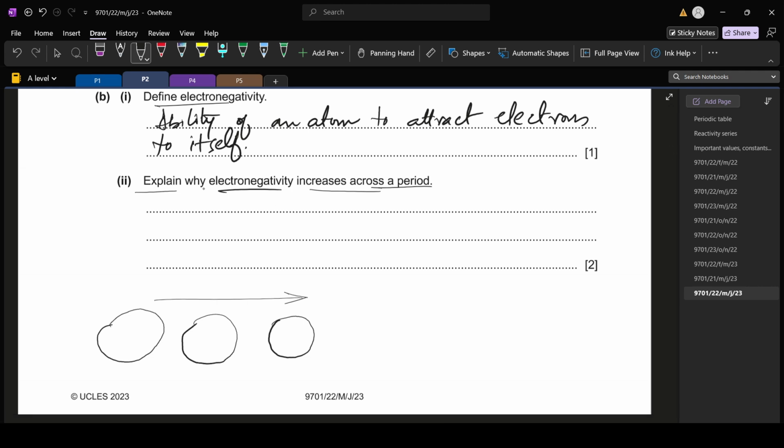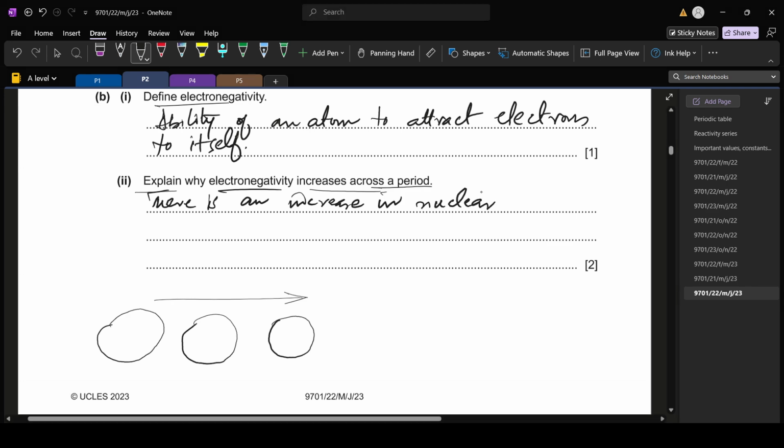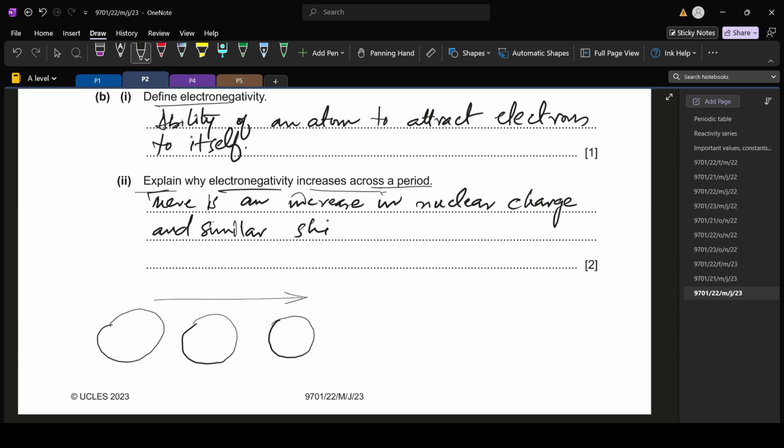Now, how will we write the answer? Explain why electronegativity increases across the period. There is an increase in nuclear charge, and a similar shielding factor.